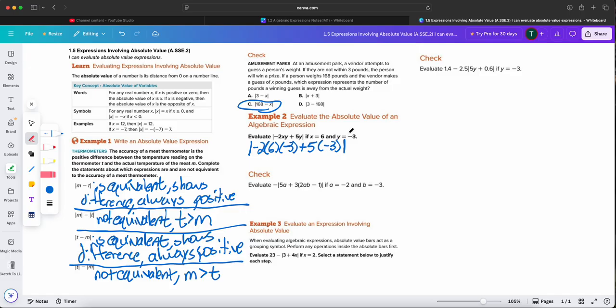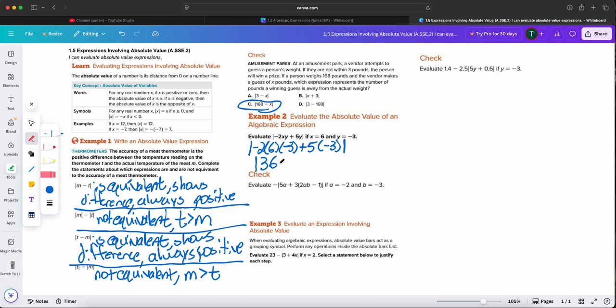So then we do our order of operations. Absolute values act as grouping as well. Now everything in here is in the absolute values, so it's all within that grouping. So then we do exponents, which there are none. So we move on to multiplication, division, left to right. So we would take -2 times 6, which is -12, times the -3, which is positive 36.